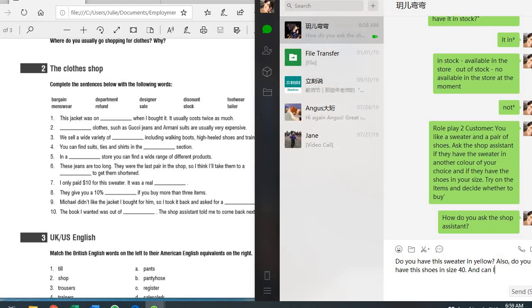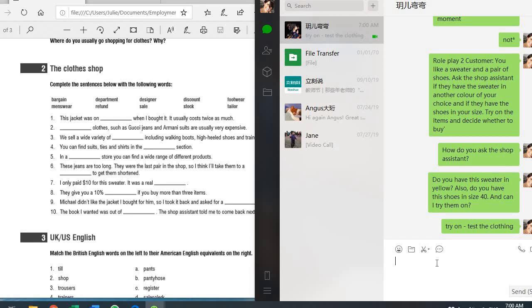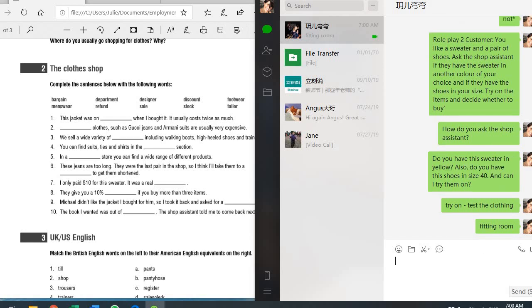And can I try them on? So trying them on is a way to ask to test the clothing, and usually we test the clothing in a fitting room. So we go to a fitting room. You can ask, do you have a fitting room? This is also possible.